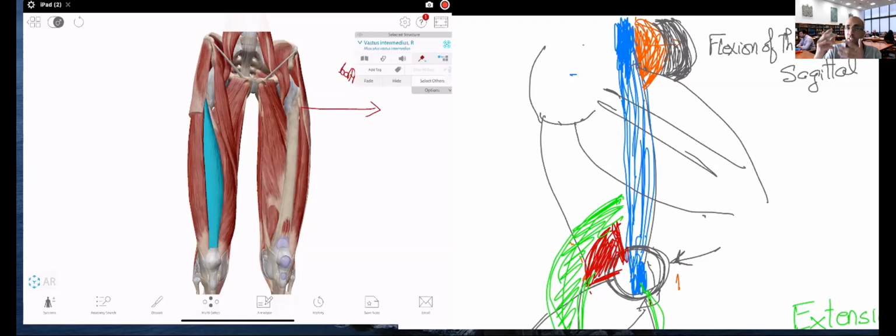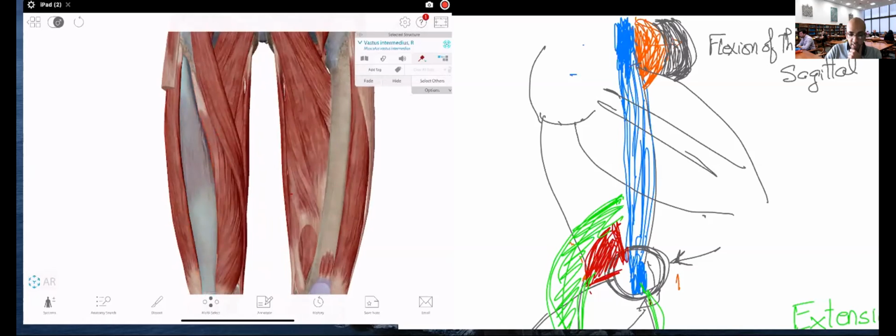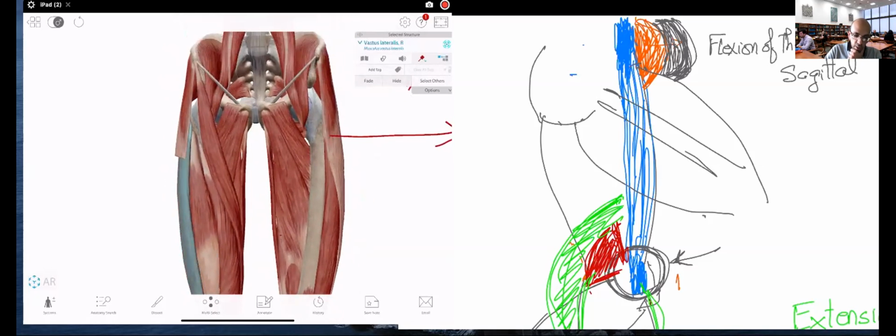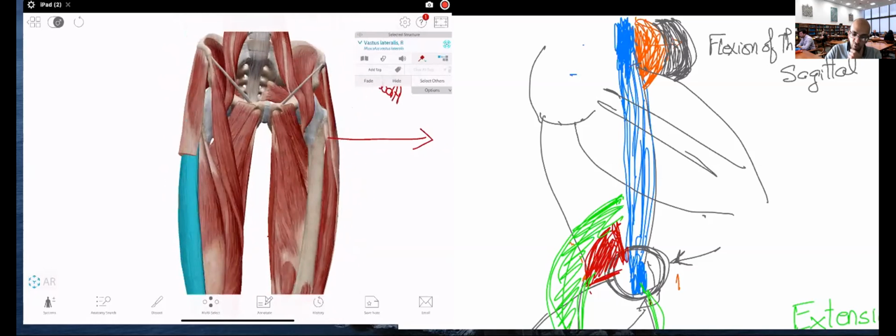Flexion of what joint or extension of what joint? You see on here the vastus lateralis, vastus medialis, and intermedius: are those passing in front of the hip joint by any means, or behind the hip joint by any means? What do you think?